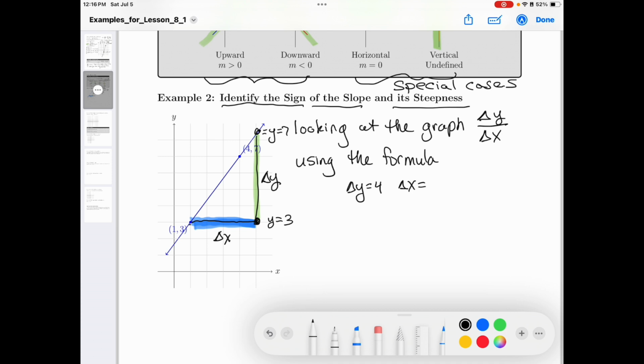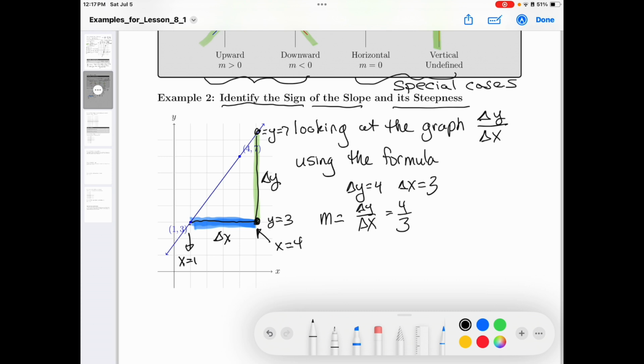So from this point to this point, here my x is 1, and for this point, my x is 4. So my change in x from 1 to 4 is 3. So my slope, by looking at the graph, is going to be the change in y over the change in x, which is equal to 4/3.